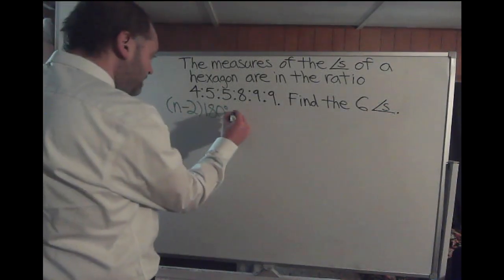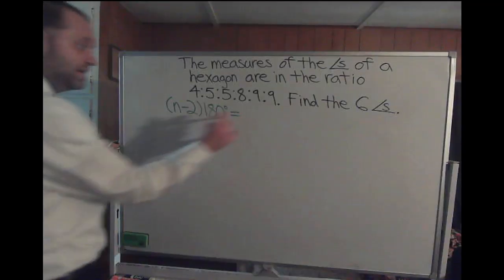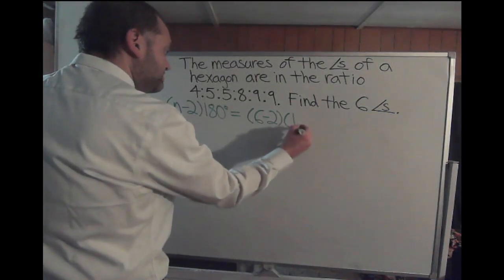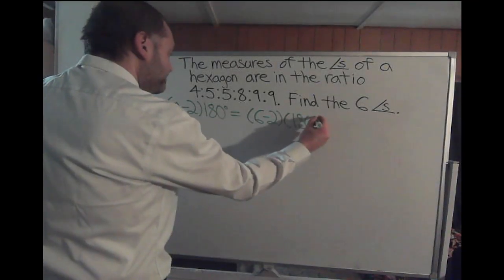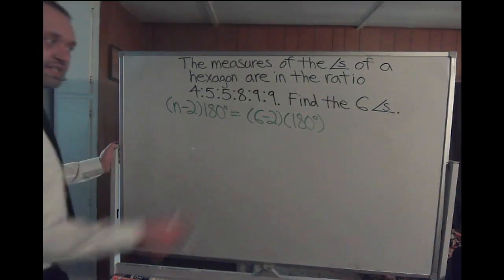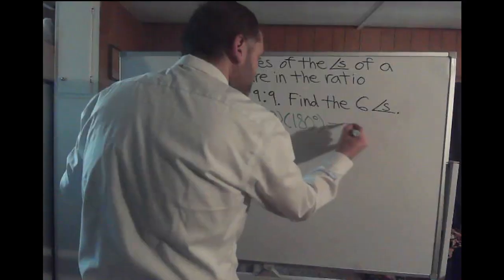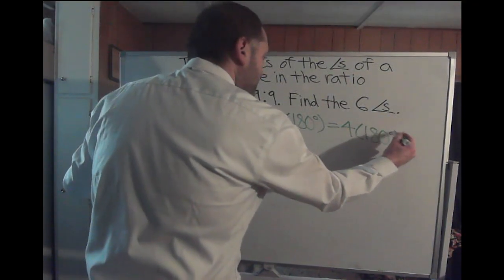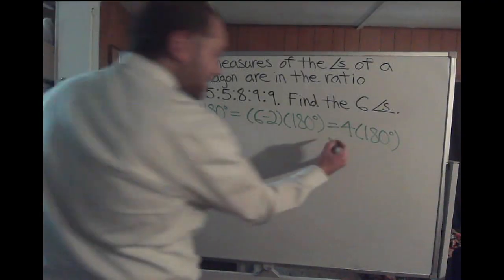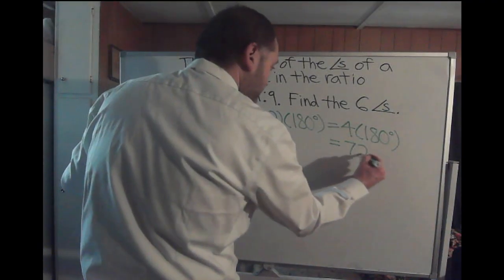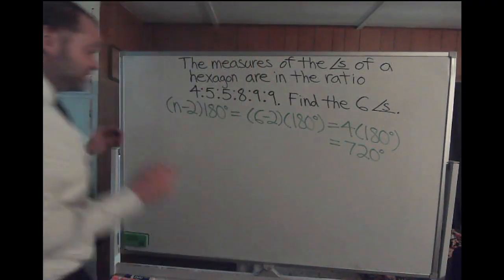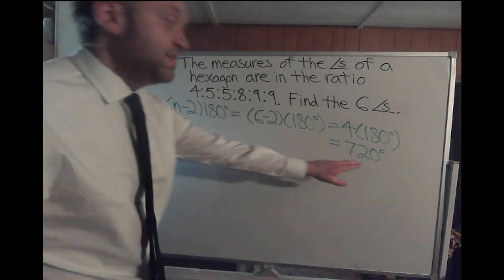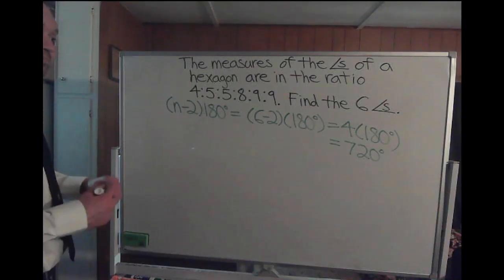Well, in this case, the number of sides we have is going to be what? 6. Then you'll put minus 2 times 180 degrees. Well, what is 6 minus 2? That's 4. So that's going to equal 4 times 180 degrees. Well, 4 times 180 is equal to what? 720 degrees. So the sum of the interior angles of a hexagon is equal to 720 degrees.